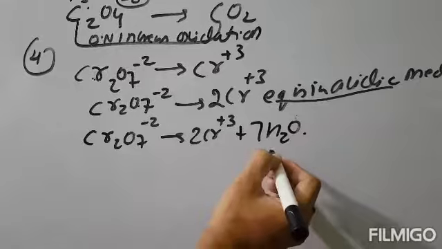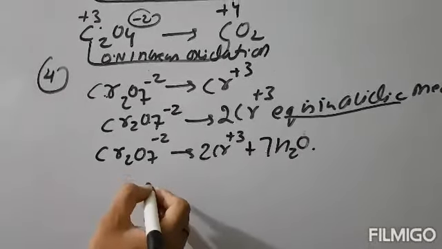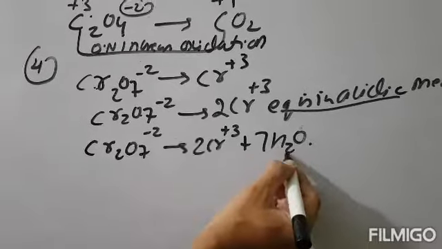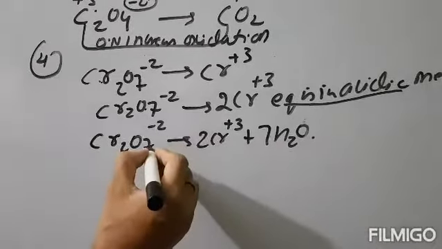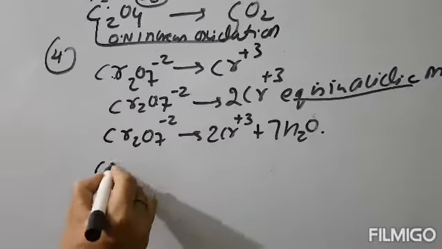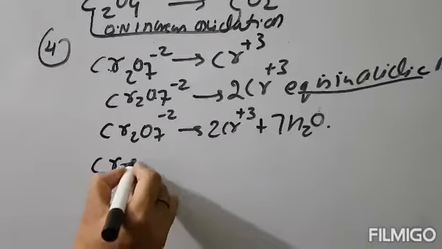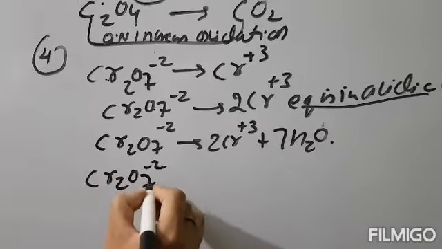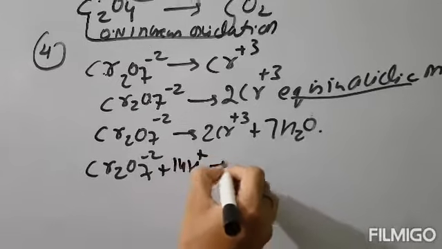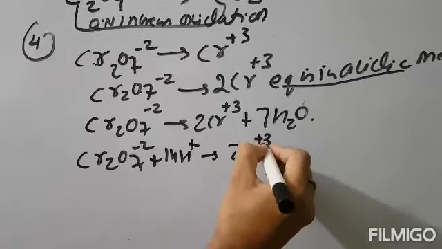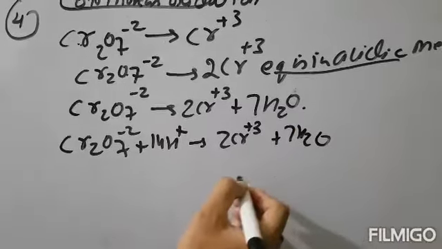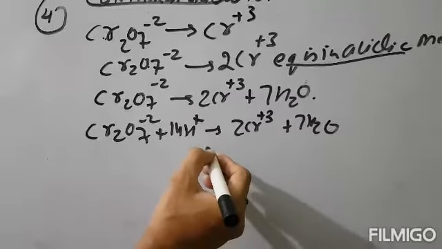So oxygen is balanced. And hydrogen atoms are balanced by adding 14 H+ to the left hand side, because here hydrogen is 14. So our equation is Cr2O7 2- plus 14 H+ gives 2 Cr3+ plus 7 H2O. So oxygen and hydrogen are balanced.